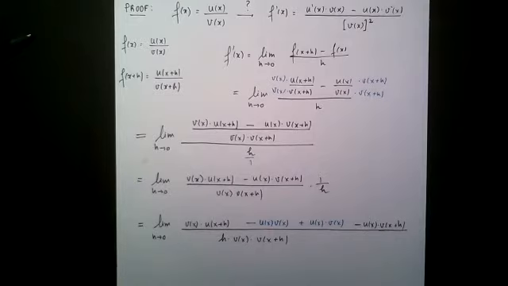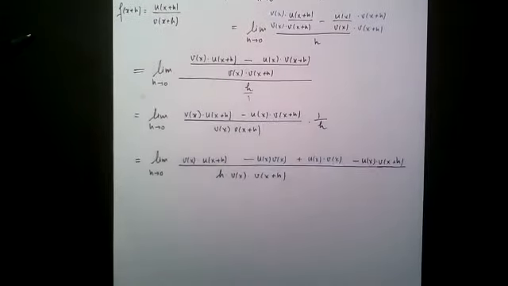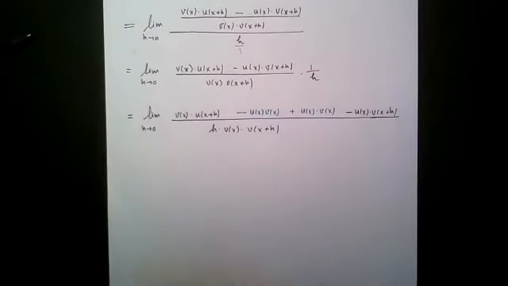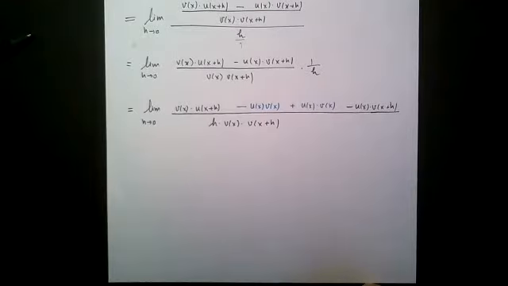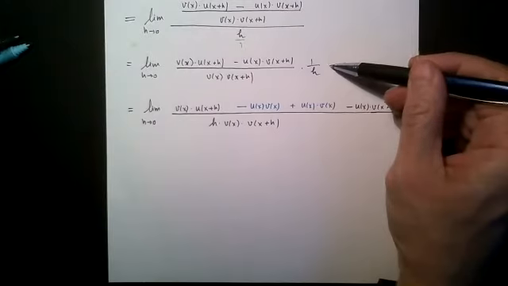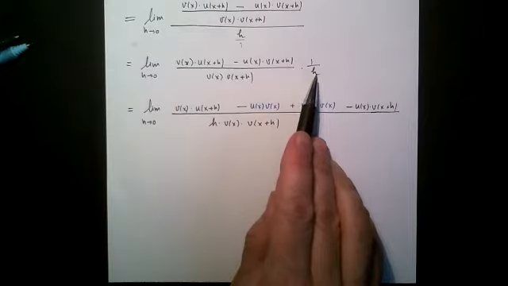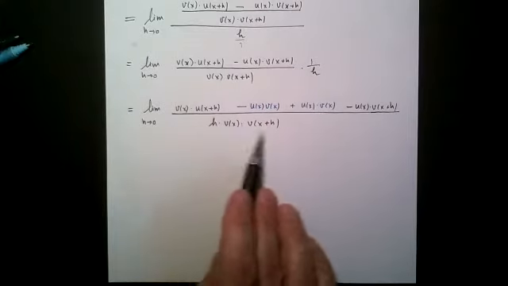Can you repeat the last step, please? Okay, I'm going to repeat it. From here to here, are you all okay with this step? Yes. The only thing I did is multiply the two fractions, so the bottom times the bottom, here it is.